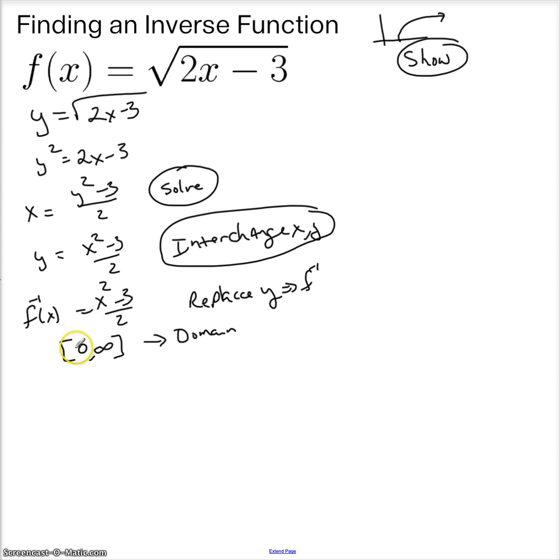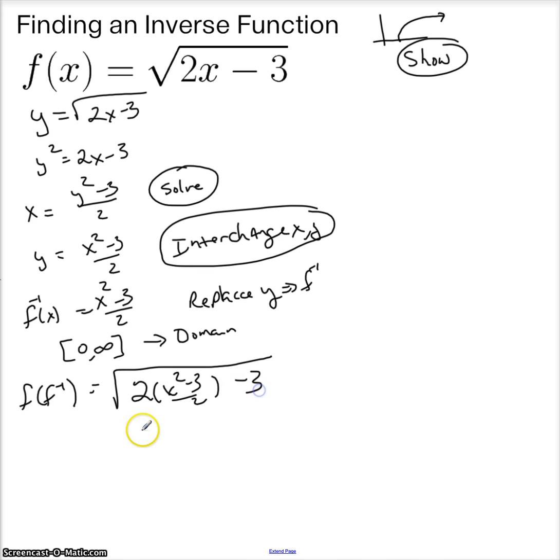All right, and we can verify this. f of f inverse is equal to the square root of 2 times my inverse, which is (x squared plus 3) divided by 2, minus 3.